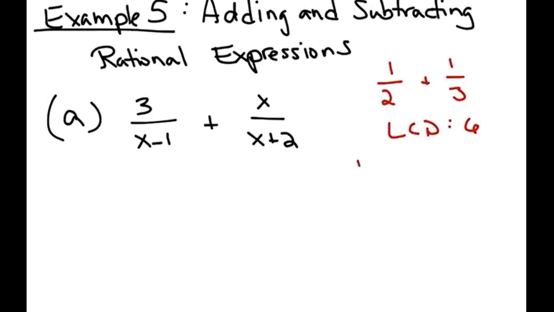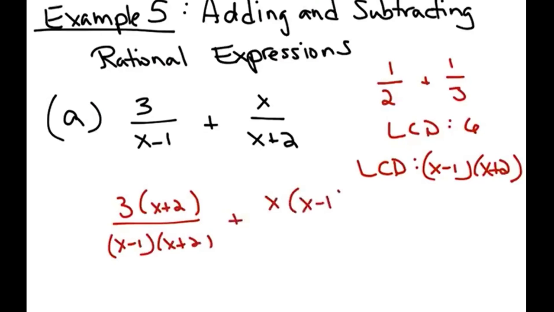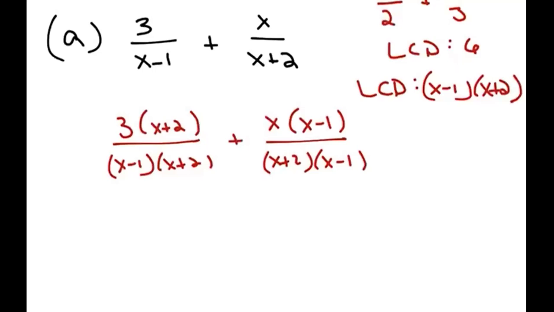So do the same thing with this expression for part A. Understood? So you have to basically multiply each denominator by the other one, like this. The first fraction, the top will multiply by x plus 2. And the second fraction, the top will multiply by x minus 1. And then you will have them with similar denominators. And now you can add the terms on the top of both fractions.